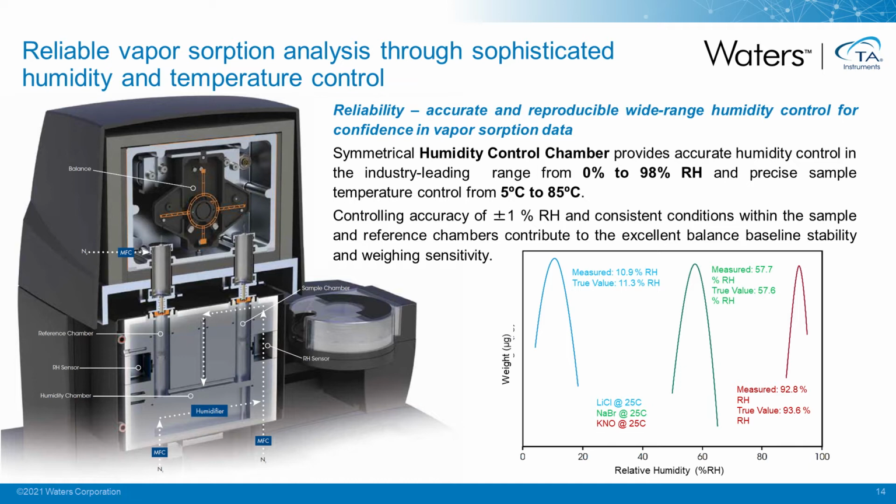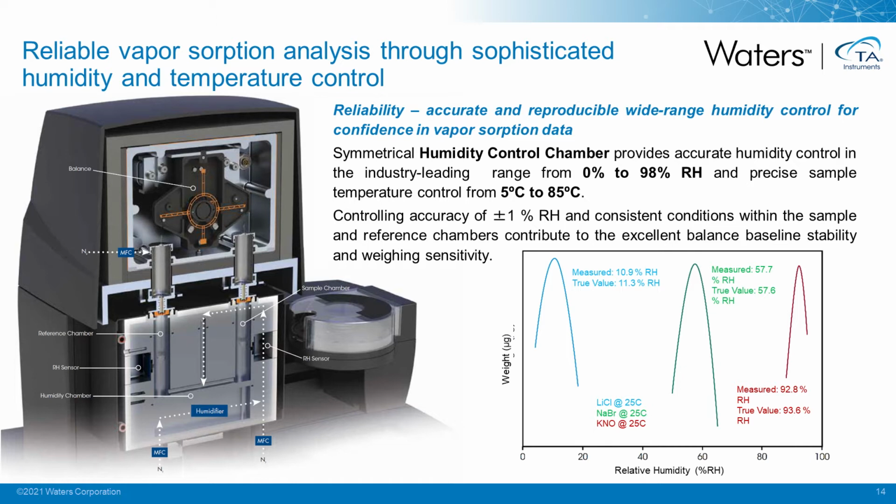sample side. And at the bottom there, you can see that's where the sample and reference chambers are, and the humidity chamber is actually integrated into this whole setup here. So this is a very compact system. So I spoke earlier of being able to control from 0 to 98% RH and 5 to 85 degrees Celsius. Our accuracy here is about plus or minus 1% RH.